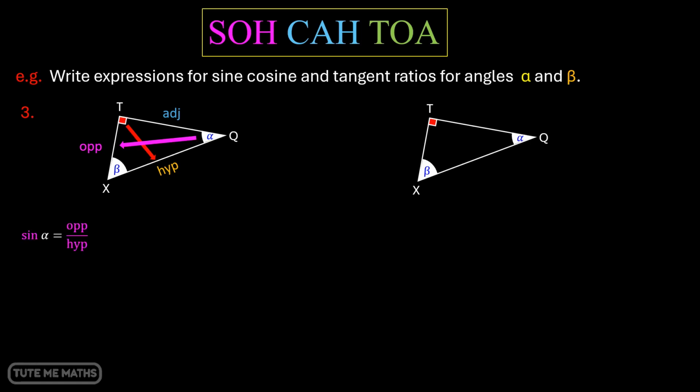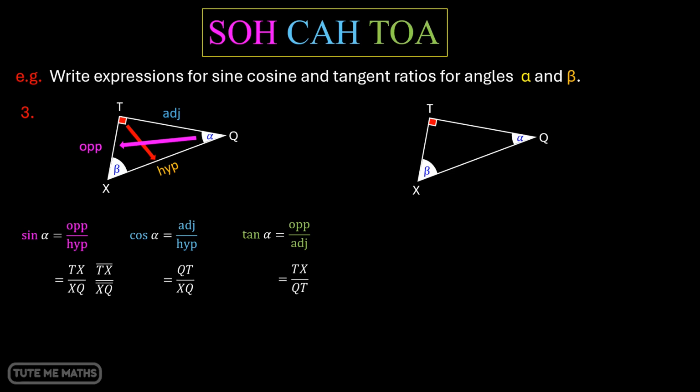We end up with sine alpha equal to TX over XQ. Technically, interval lengths should be represented with a line interval above them, like this, but it's quite common not to do so, so we will leave them off as well. Cos alpha will be QT over XQ, and tan alpha is TX over QT.